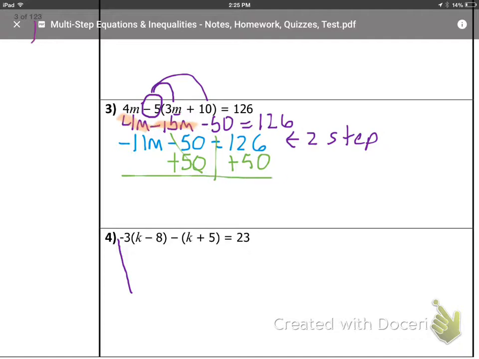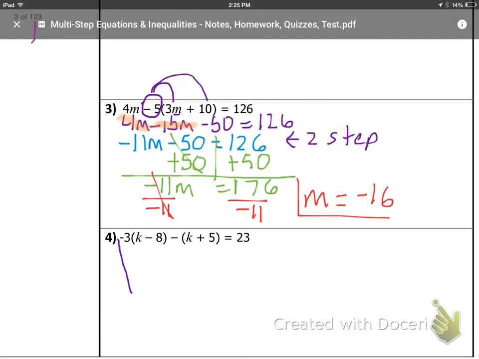So when I add 126 plus 50, I get 176. I'm going to divide negative 11 on both sides. So that will make M equals negative 16.